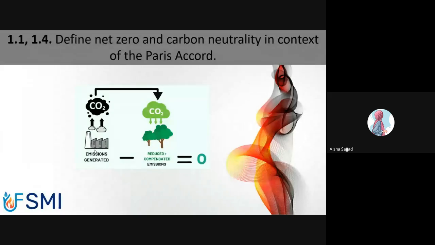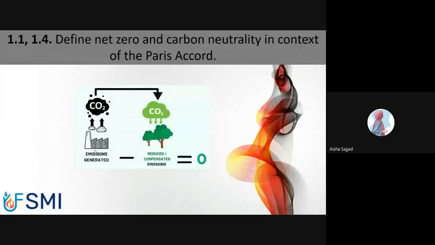When we talk about all the greenhouse gases, they're not just carbon-based. For example, we have ozone, which is O3, nitrous oxide and so many others. Net zero is a more wholesome and generic term that talks about all different kinds of greenhouse gas emissions, while carbon neutrality means that we are focusing on carbon-based emissions only.